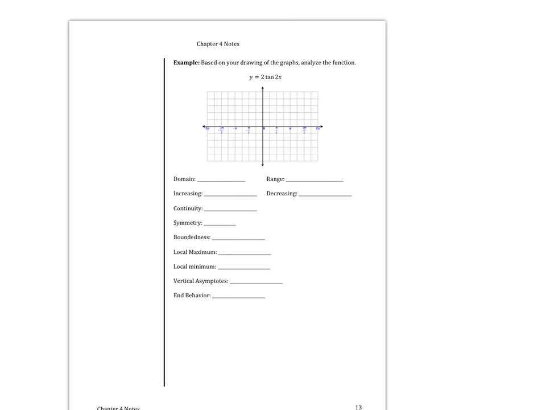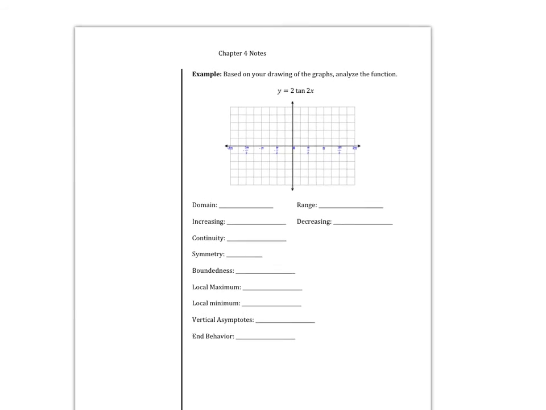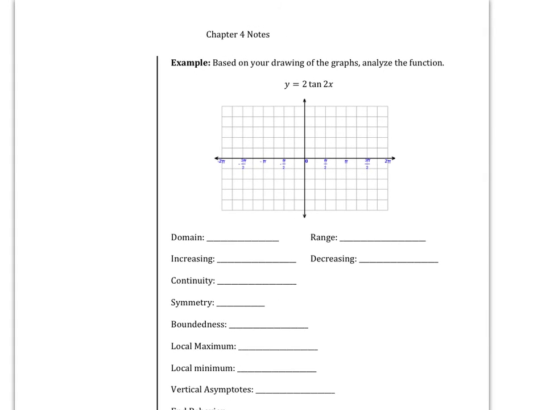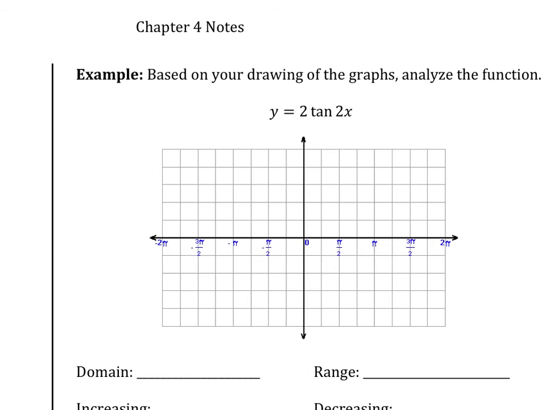All right, so now we're going to again draw the graph and then analyze it. So this one we already drew before, but let's just for practice sake do it again. All right, so this is tangent. So tangent is sine over cosine. So I'm going to start with cosine. This is 1 period is pi, half period, quarter period, and this is cosine 2x. So we're going to start on the top, goes down.